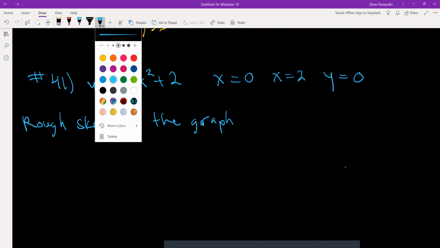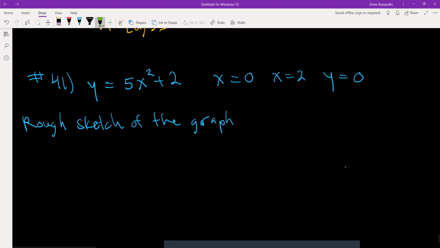They tell us it's going to be bounded by these equations. In this case, we have x equals 0 and x equals 2. Anytime you have x equals some number, that's a vertical line. If it says x equals 0, that's actually the equation for the y-axis, because the y-axis is a vertical line.